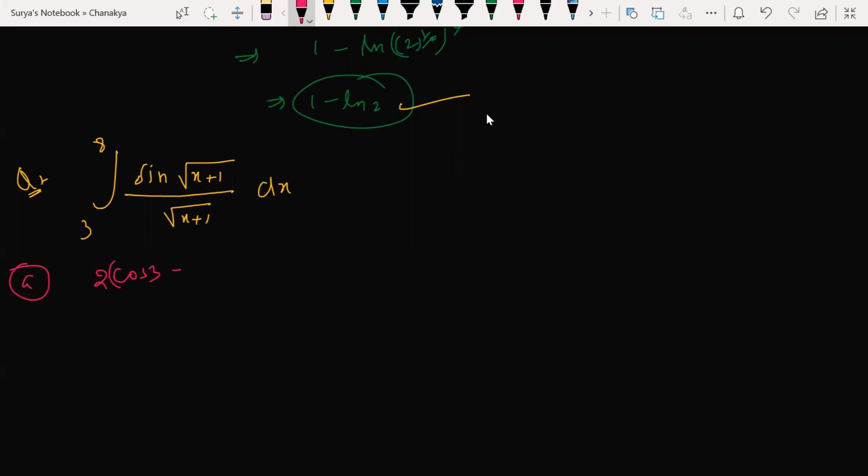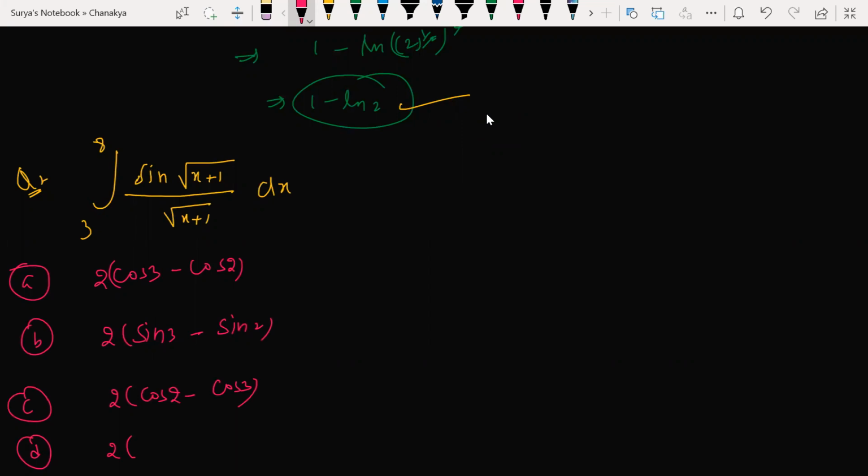Option A: 2 cos 3 minus cos 2. Option B: 2 times sin 3 minus sin 2. Option C: 2 times cos 2 minus cos 3. Option D: 2 times sin 2 minus sin 3.